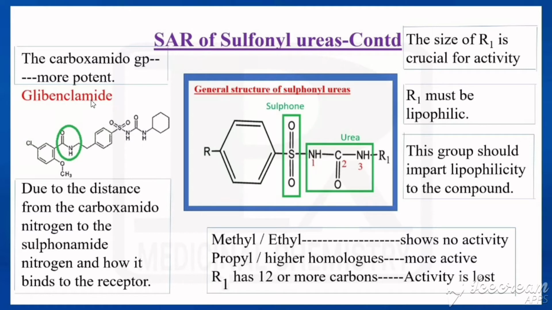Already we have seen the example for second generation sulfonyl urea, that is glibenclamide, which has an aryl carboxamido group. So this is the aryl group and this is the carboxamide, otherwise amide. So why is it more potent? Because of the distance from the carboxamido nitrogen to the sulfonamide nitrogen. So this is the carboxamido nitrogen, this is the sulfonamide nitrogen.